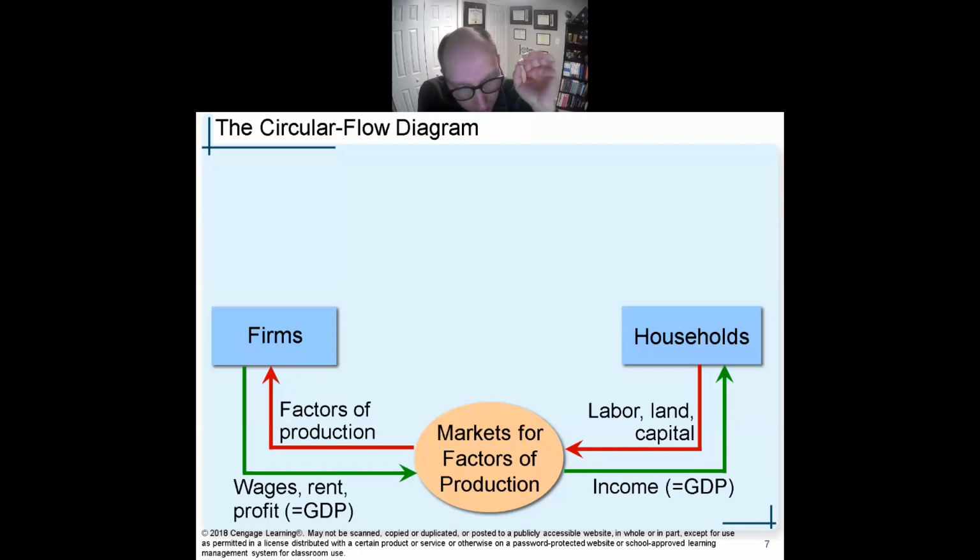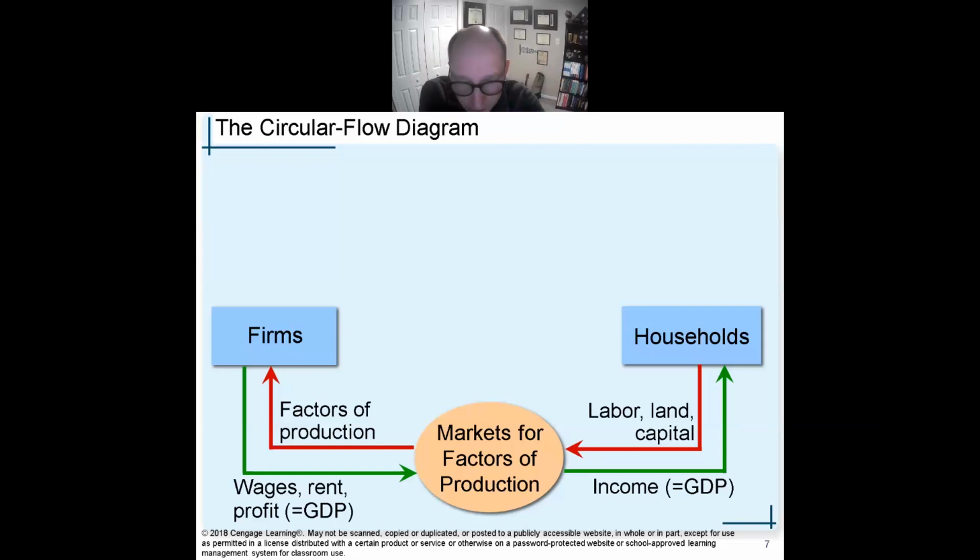Yeah? The revenue, that's the money that the firms take in from sale of goods and services, minus wages, rent, etc., equals profit in a general sense. Net income, for those of you from accounting. That's their profit. So the net income, the profit, that is part of the gross domestic product.